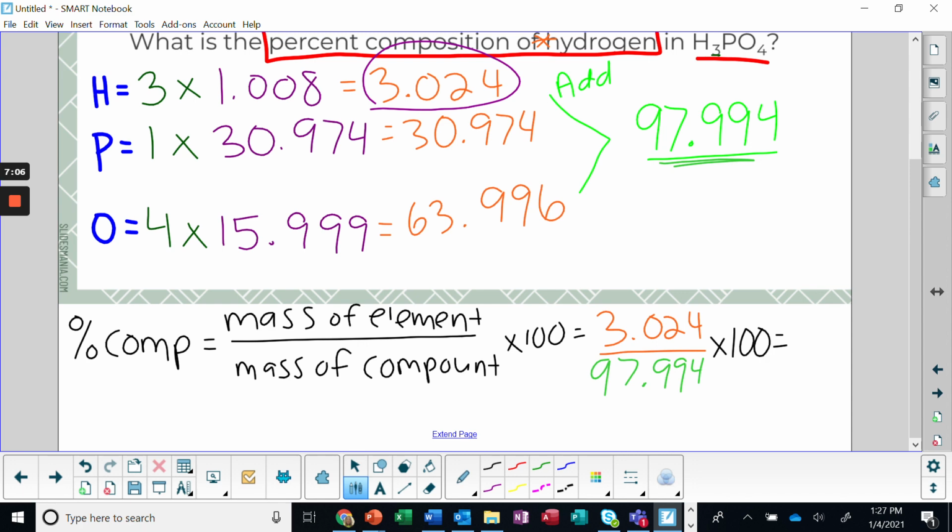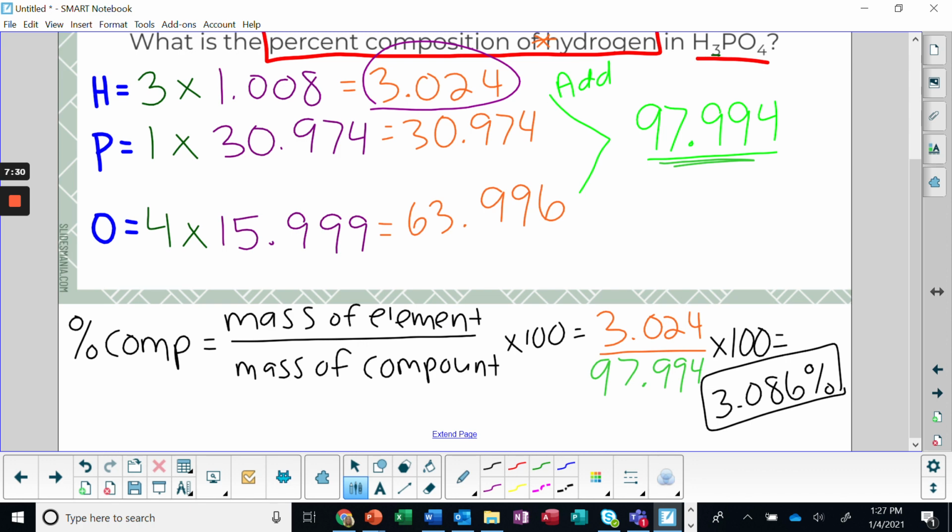So I need 1, 2, 3, 4, 2, 3, 4, 5. The least number of significant figures is 4, so there should be 4 in my answer. And we get... box your answer. So 3.086%.